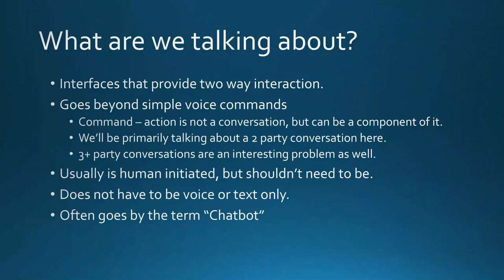Probably as we go through this, we're talking about two parties, myself and the computer that I'm talking with or working with. There is an extension of this where three or more parties are working on a problem or doing the discussion, and that's a very interesting problem. I don't know anybody that's doing it well, so I'm not going to go into that in depth, but that's something I think is going to get very interesting.